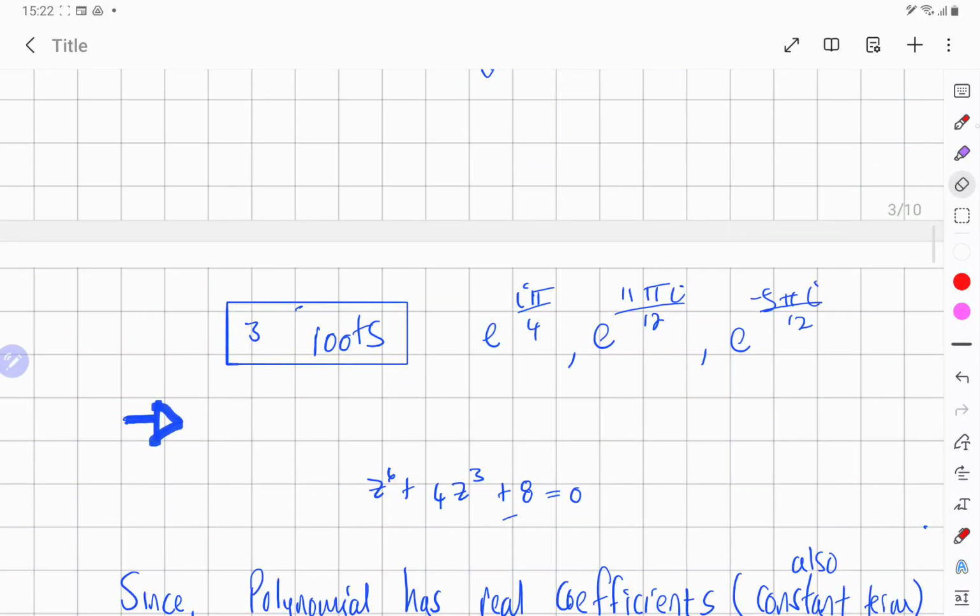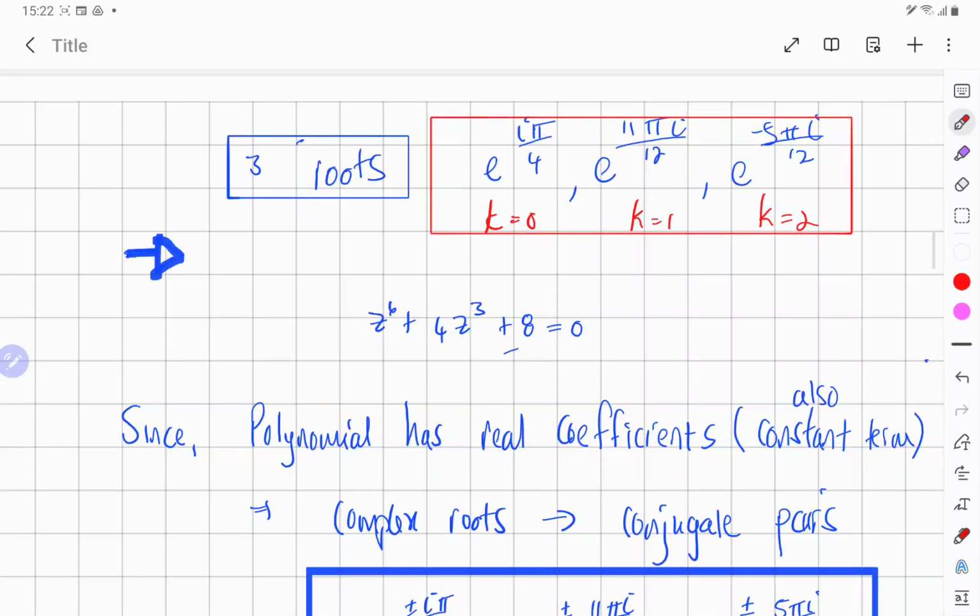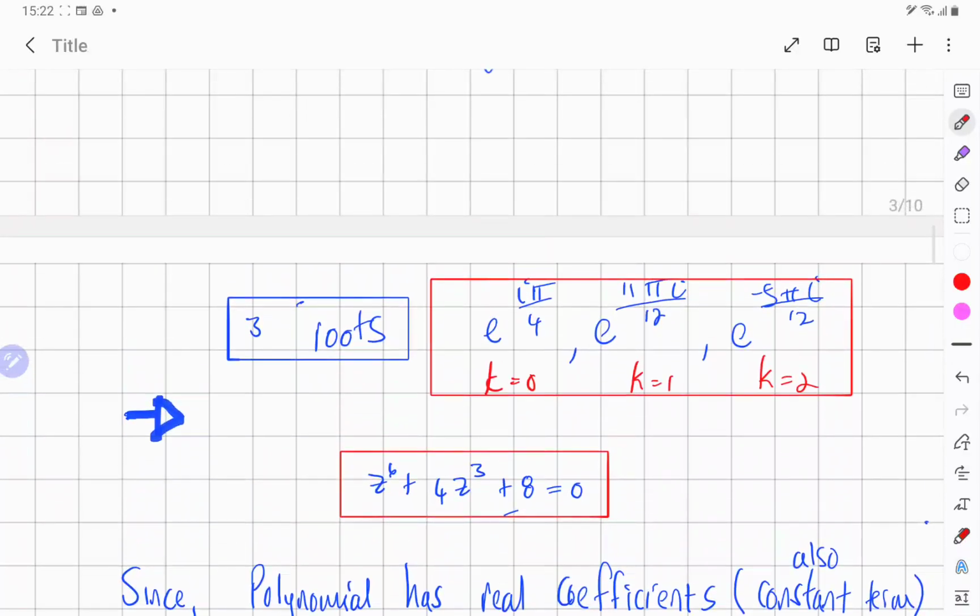So I have my 3 roots from k equals 0, k equals 1, and k equals 2, which should be very clear by now. But remember, I'm finding the 6 roots of z to the 6 plus 4z cubed plus 8 equals 0.